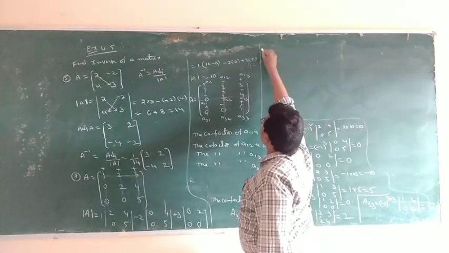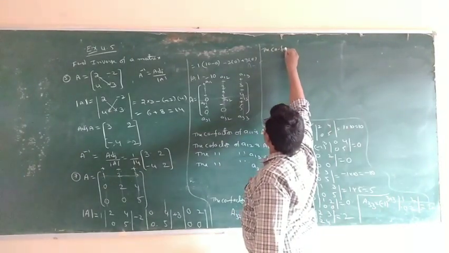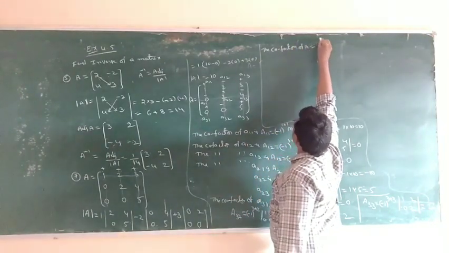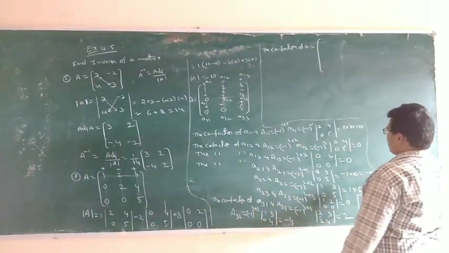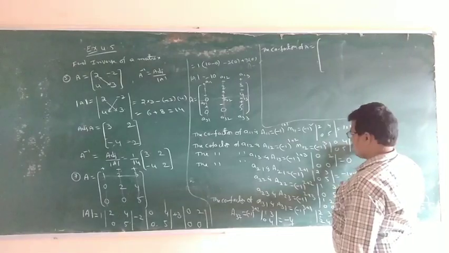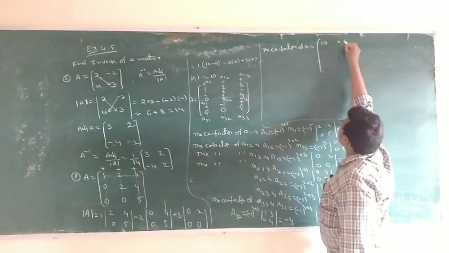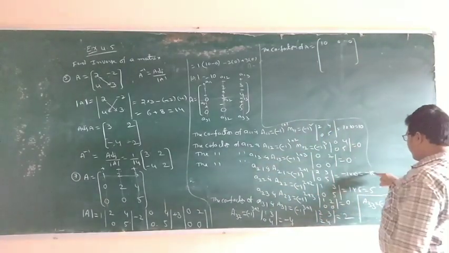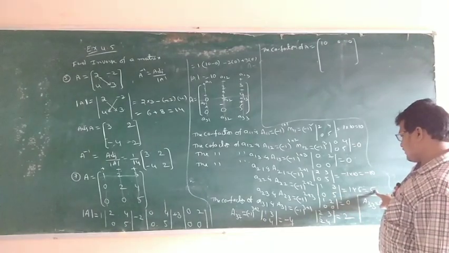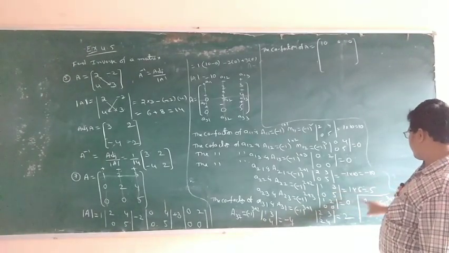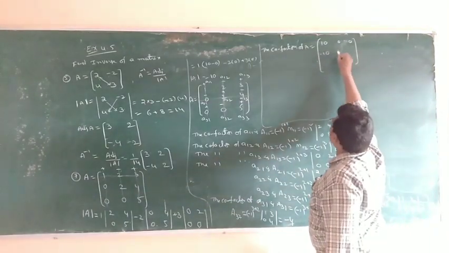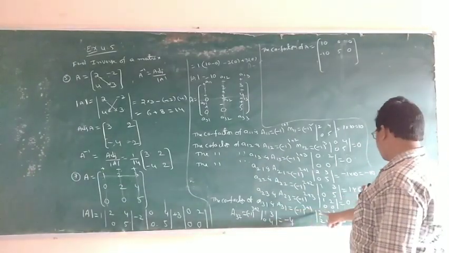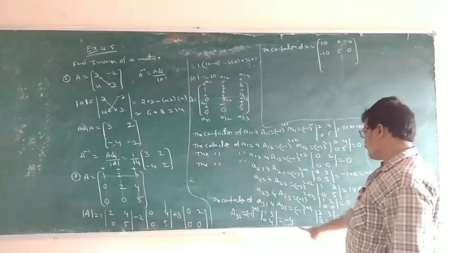The cofactors of A, row wise: first row 10 0 0. Next, second row: minus 10 5 0. Third row: 2 minus 4 2.